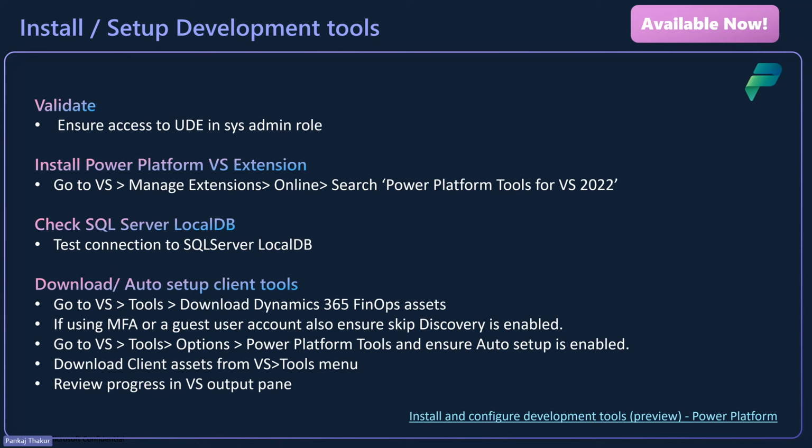Then Visual Studio is the tool that we use. So install our extension, the Power Platform Tools for Visual Studio 2022, and also ensure that you have SQL Server Local DB already set up and ready to go. This is actually included as a default component in Visual Studio.